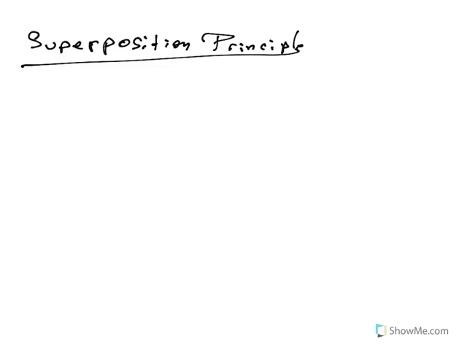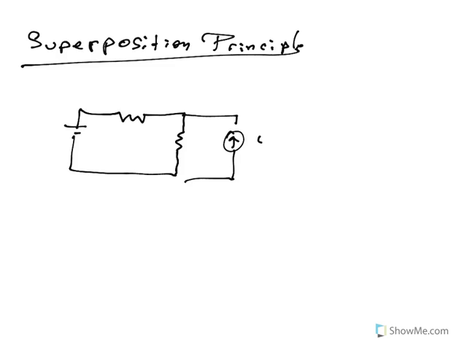Now, how is that going to relate to what we're going to do here? Well, in circuits, you may have a circuit, let's say, that looks something like this. You have a voltage source and a set of resistors, and let's say we also have a current source. So some I, some V, and some R1 and R2. Let's say we have a circuit like this. And I want to know about the circuit.